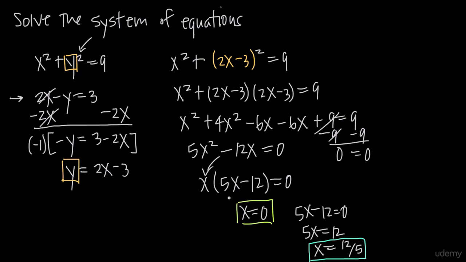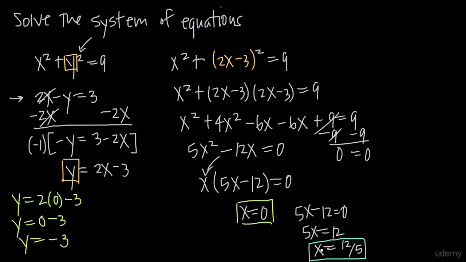I need to find the corresponding solutions for y, and I can do that by plugging these values into this equation I have here for y. So if we plug in x equals 0, we're going to get y equals 2 times 0 minus 3, so y is equal to 0 minus 3, or y is equal to negative 3.